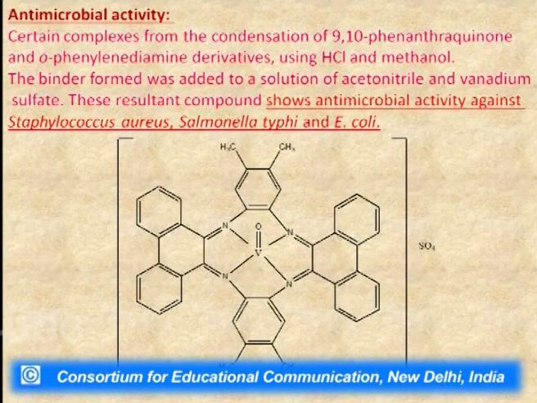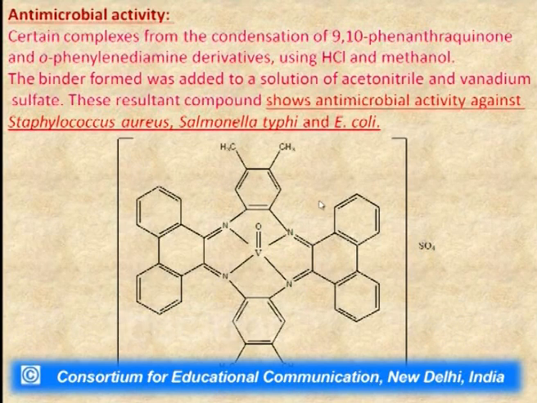This phenanthrene molecule, these phenanthrene derivatives, also show antimicrobial activities against E. coli, against Salmonella typhi and Staphylococcus aureus. From this complex formation, you can see the complex formed from the anthraquinone.